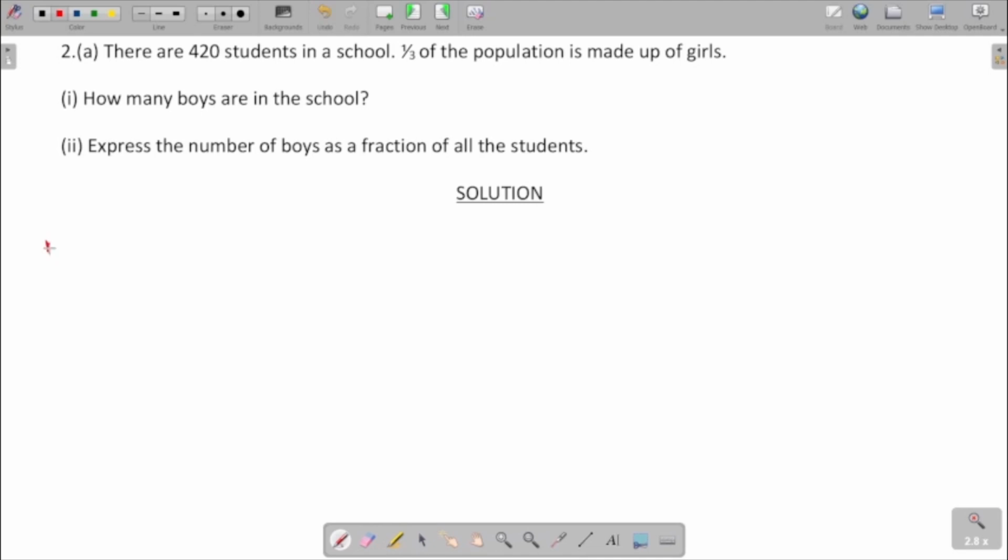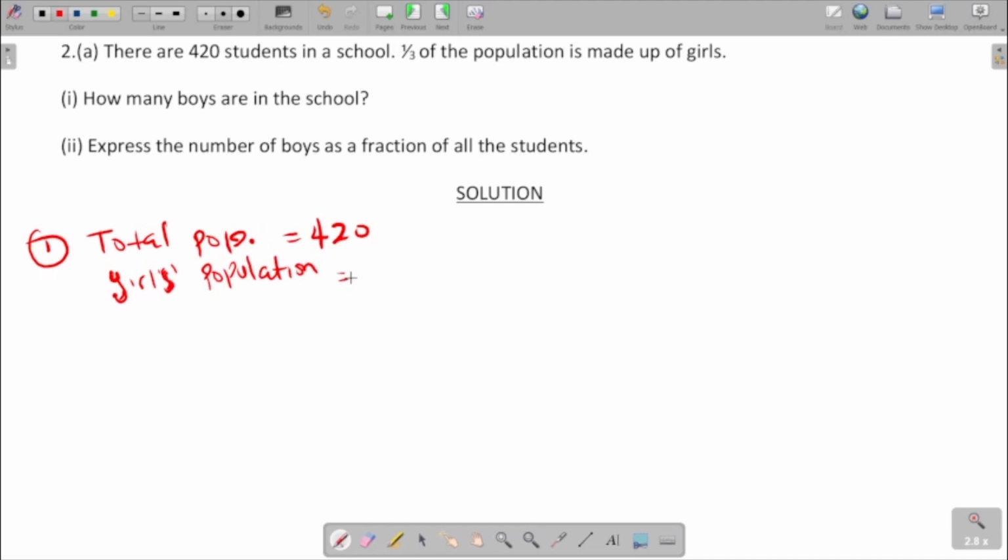The question says that the total population is equal to 420, and one third is the girls' population. One third of what?